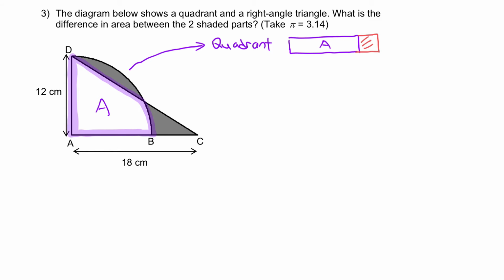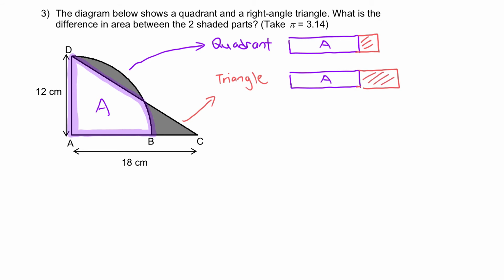What about the right angle triangle? For the triangle, it is made up of the same A over here, the exact same A plus this portion, isn't it? So probably I can draw it slightly differently over here.